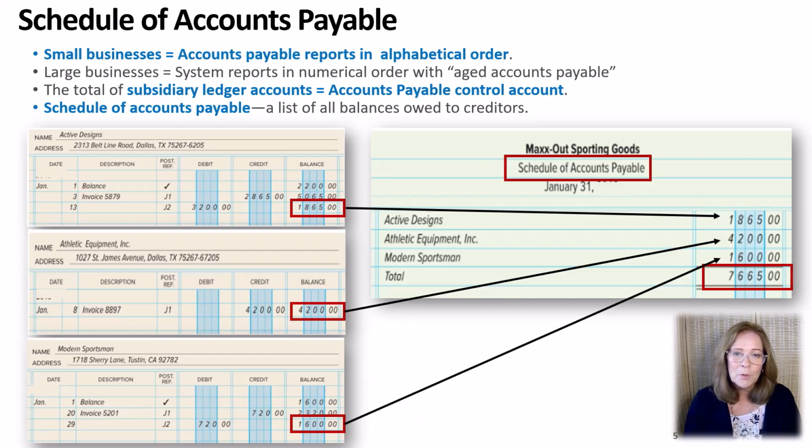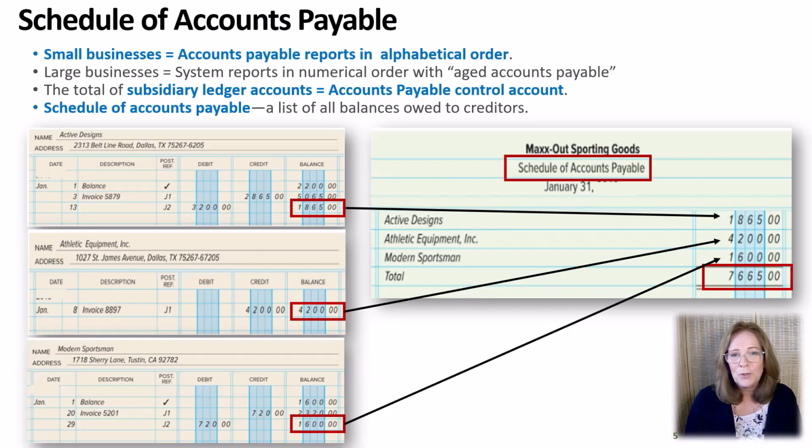Larger businesses use computerized accounting systems that assign an account number to each creditor and arrange the accounts payable ledger in numeric order. Additionally, such accounting systems have accounts payable aging reports, which not only detail the total amount due by vendor, but the age of specific invoices.